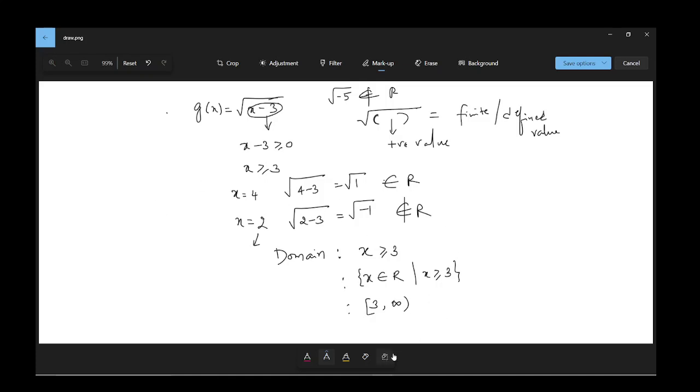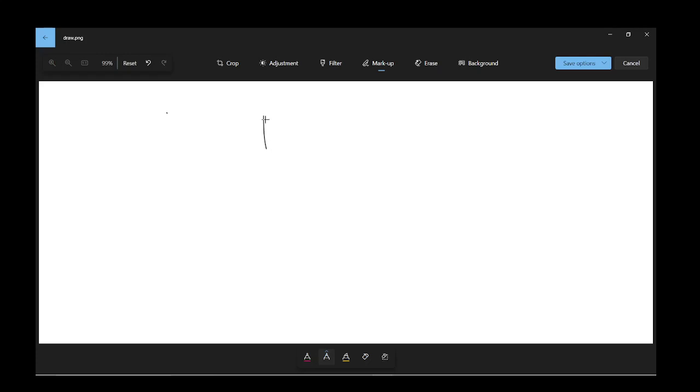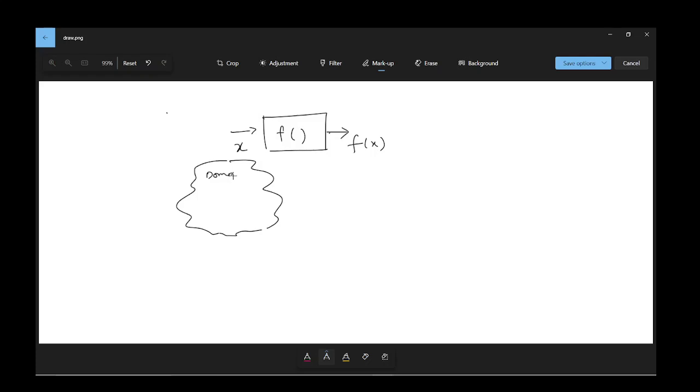So essentially, what the domain is: if I have a function which accepts an input and produces the output f of x, this input will have some set of numbers which produce outputs that are finite, and such numbers which come inside are called the domain.